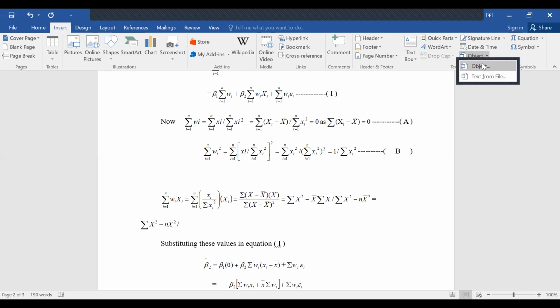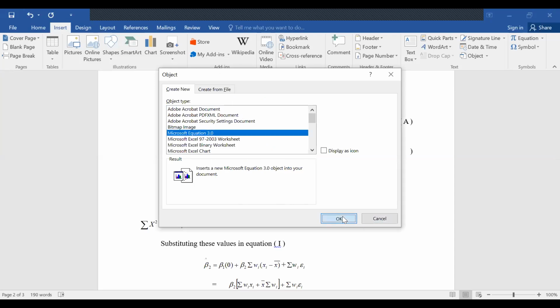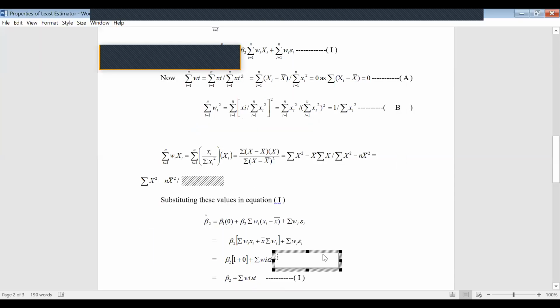Let me write down again by entering the Microsoft Equation 3 from Word.